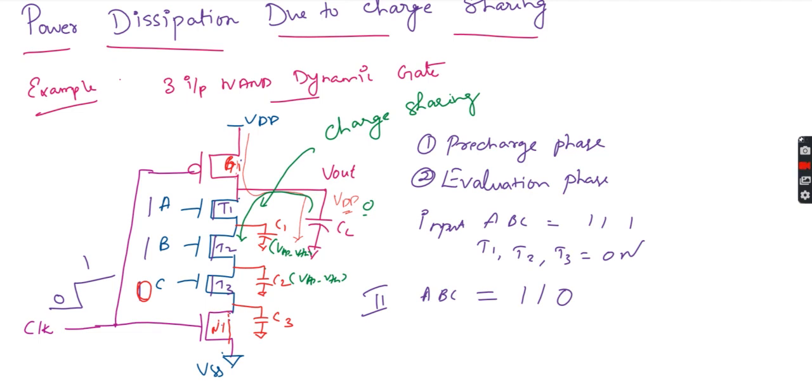Now when it discharges, it will go back to pre-charge mode and be charged fully again. So very simply, even when the output is not 0 at the time of evaluation, the output load capacitance is not discharged.